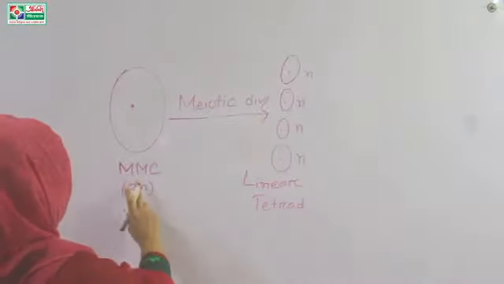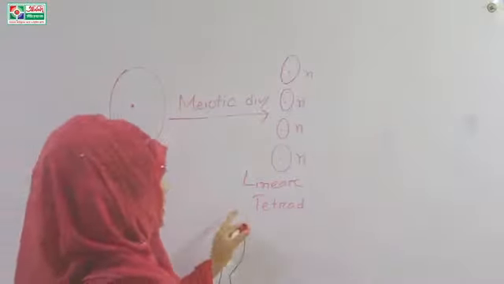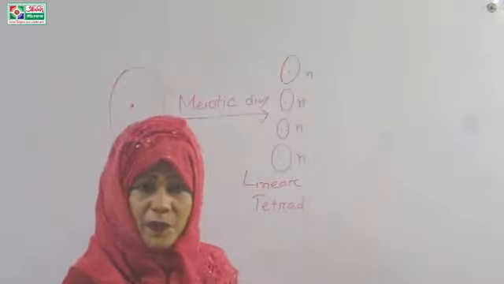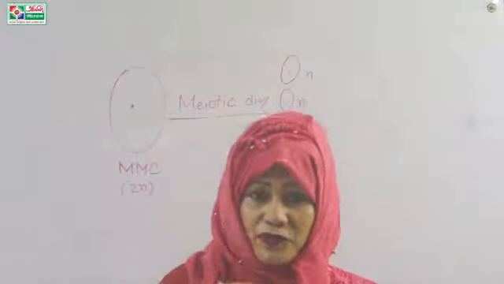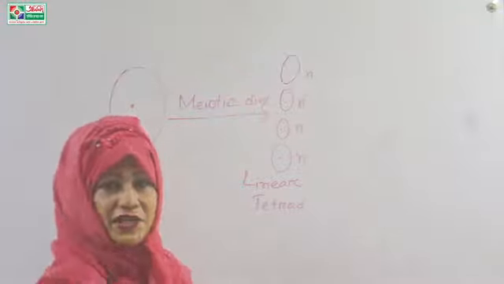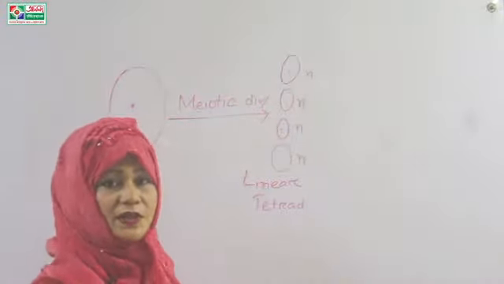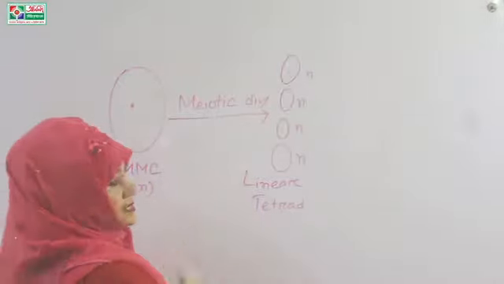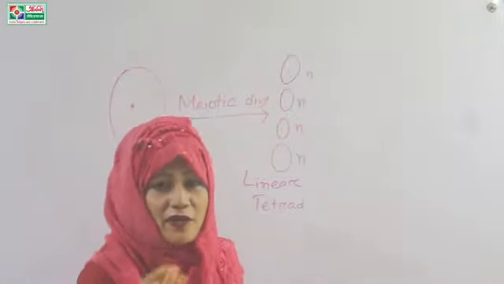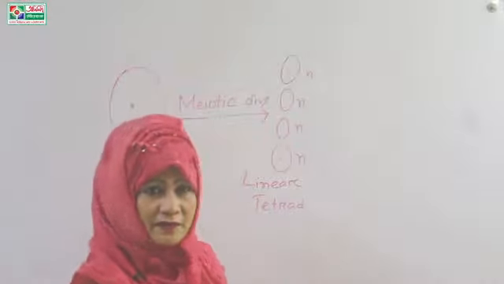Again, from the megaspore mother cell we get 4 megaspores. They are known as linear tetrad, and we are getting this linear tetrad through the meiosis or meiotic or reductional division. Clear?